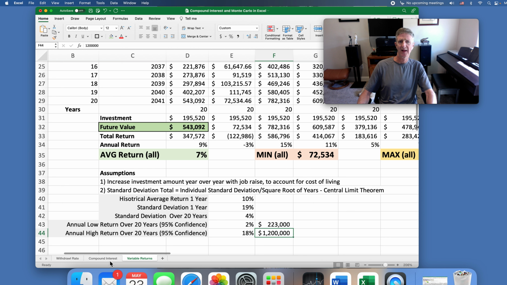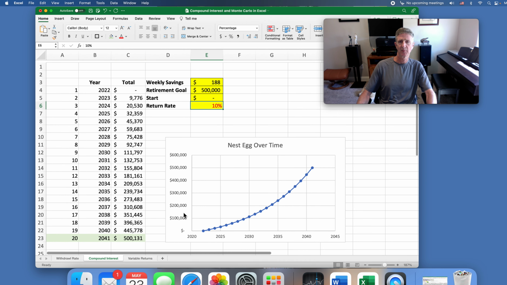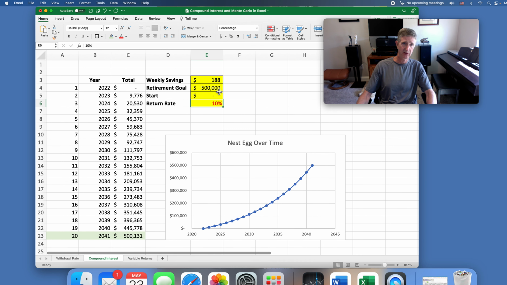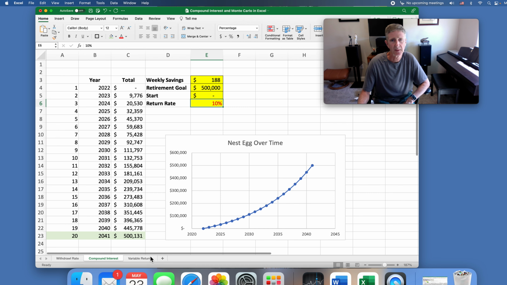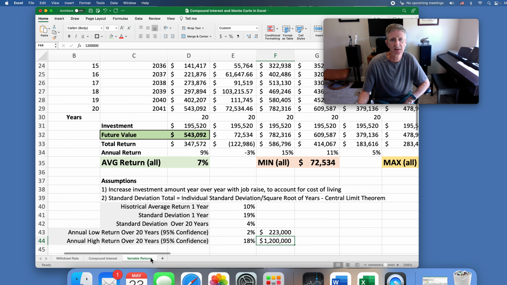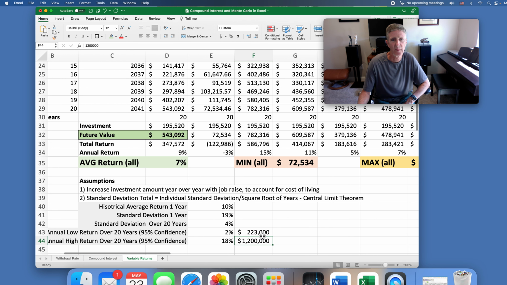So going back to our simple table, we figured out to get, with only $188 a week, a goal of 500,000, we need 10%. The only way to do that is with stocks. But historically, stocks will give us all over the map.